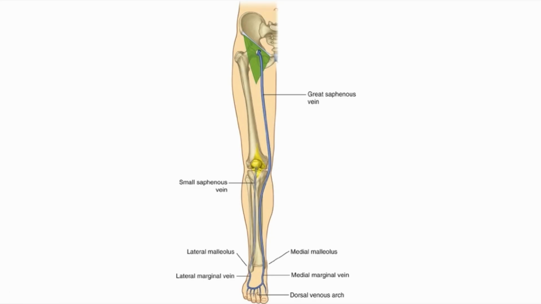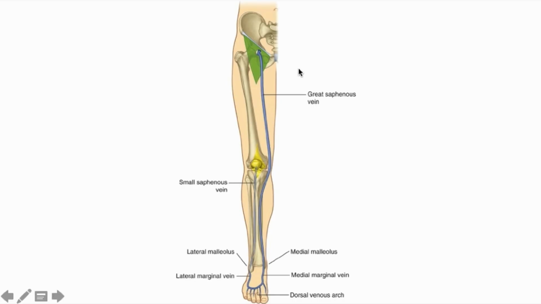So the most important superficial veins are the great and small saphenous veins. So we have the great saphenous vein here and the small saphenous vein here. They both originate from the medial and lateral sides, respectively, of a dorsal venous arch in the foot down here.